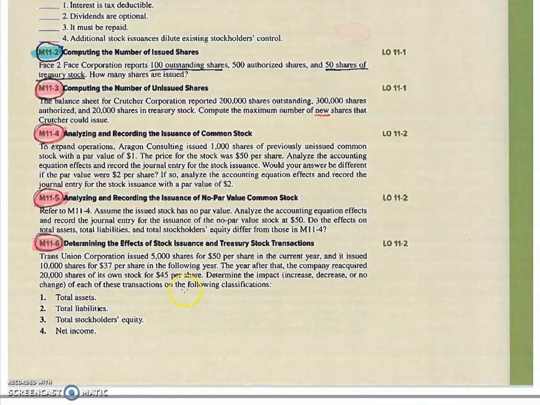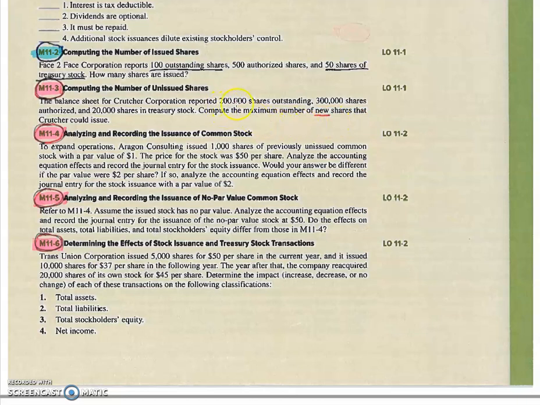Okay, let's go down to the next one. The balance sheet for Crutcher Corporation reported 200,000 shares outstanding, 300,000 shares authorized, and 20,000 shares of treasury stock. Compute the maximum number of new shares that Crutcher could issue. Well, the only new shares they can issue are the ones that have not been issued already, right?